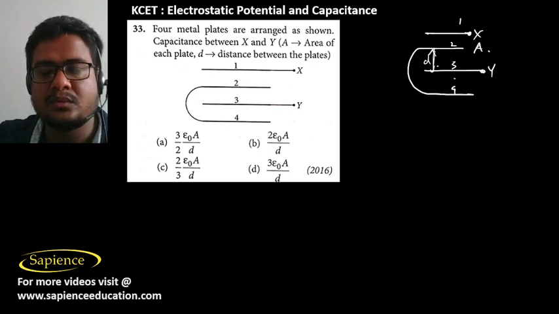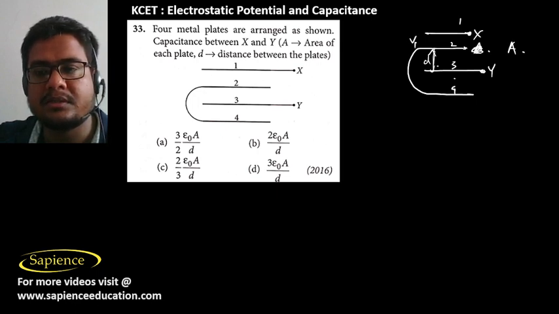So now, if this is at potential V1, with area of each plate A, then this one will also be at V1.